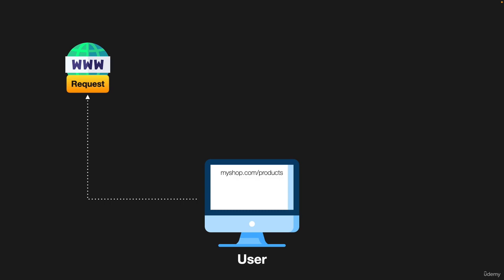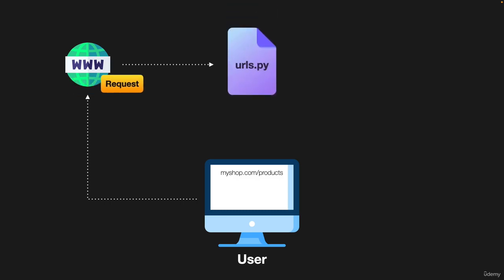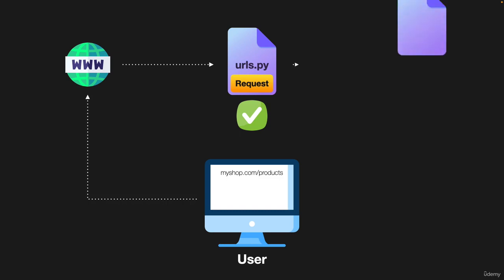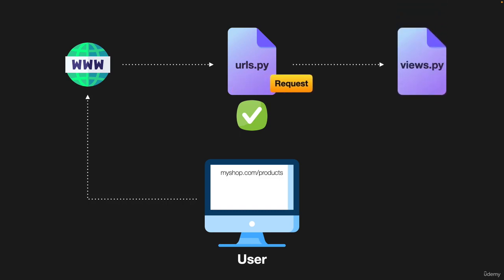Now after that, our server will look at the request and see that there's a user who wants to load a web page. Then the server will send the request to the urls.py file. Inside that file, our Django application tries to look for the address that the user has requested. When it finds a match, it will send the request to the views.py file.